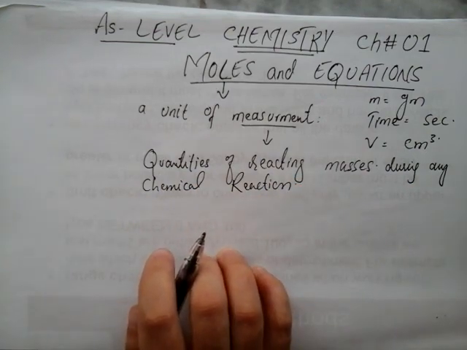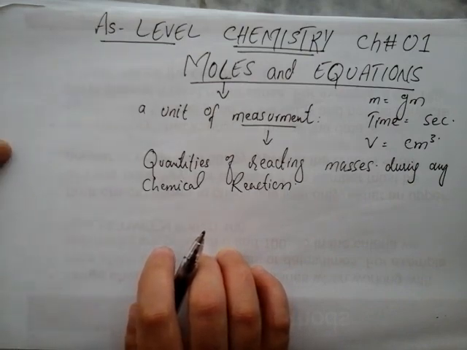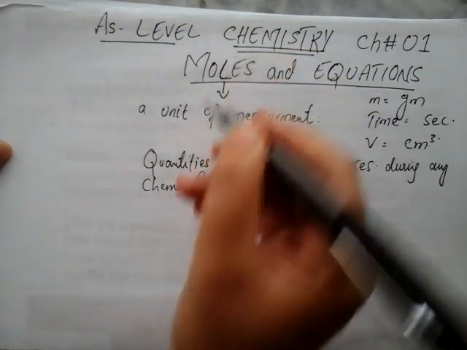When we are doing any chemical reaction, we have to know the mass or the amount of reactants and products. In order to understand and evaluate the masses or the weights on the reactant and product side, we have to understand the moles.